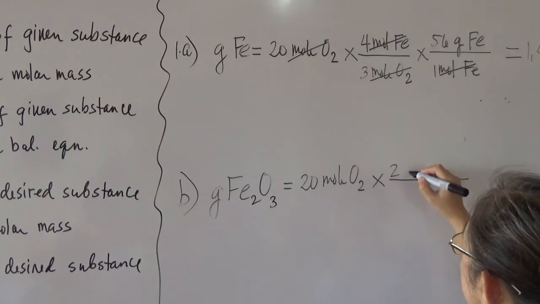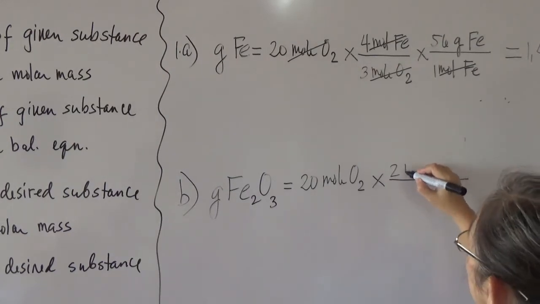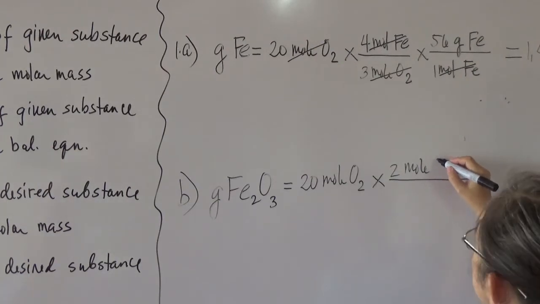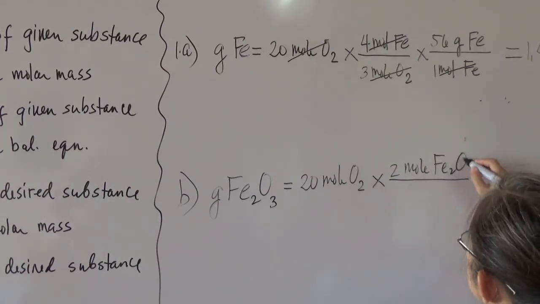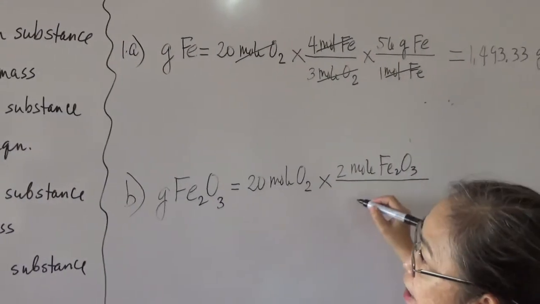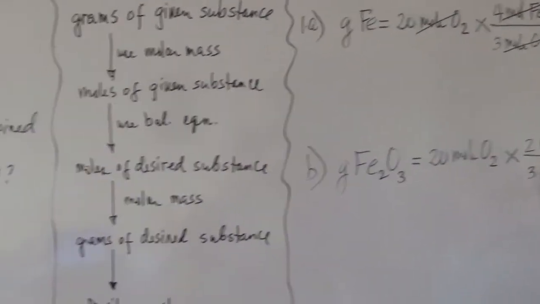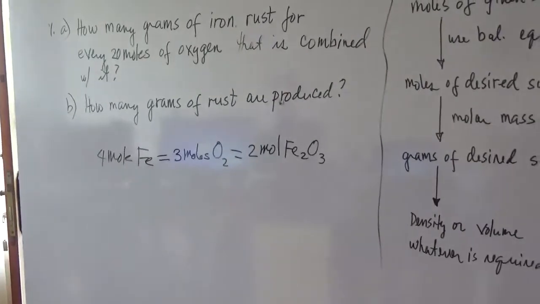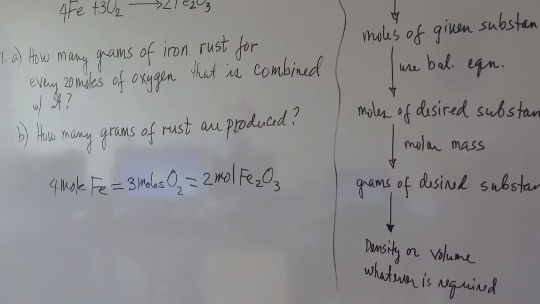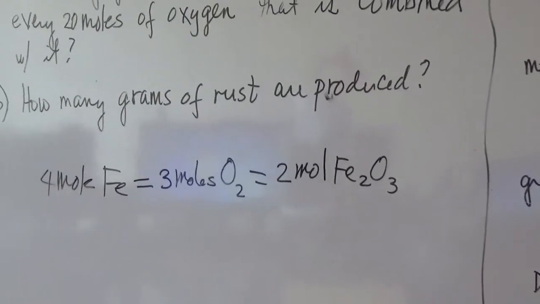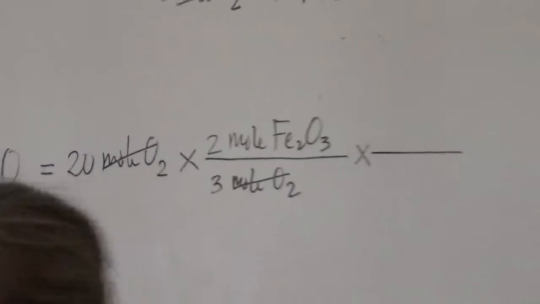So you can have here 2 moles of ferric oxide for every 3 moles of oxygen. So you can cancel it out. Then you can solve for the grams of ferric oxide using the molar mass.